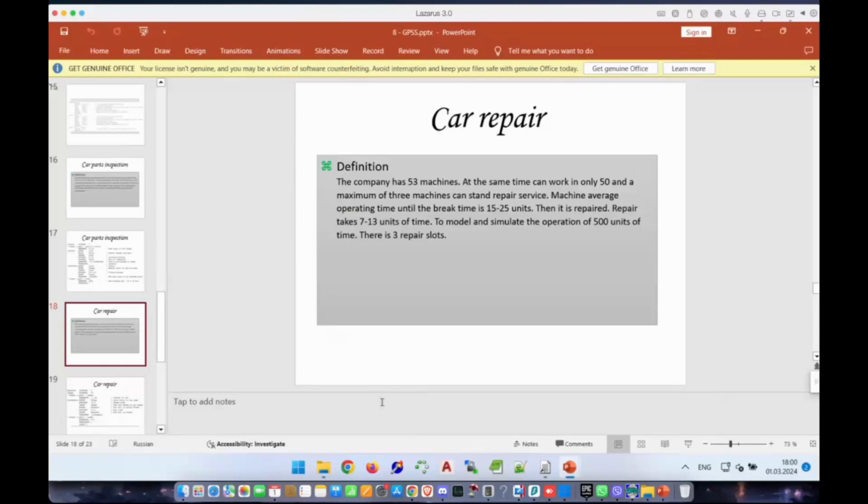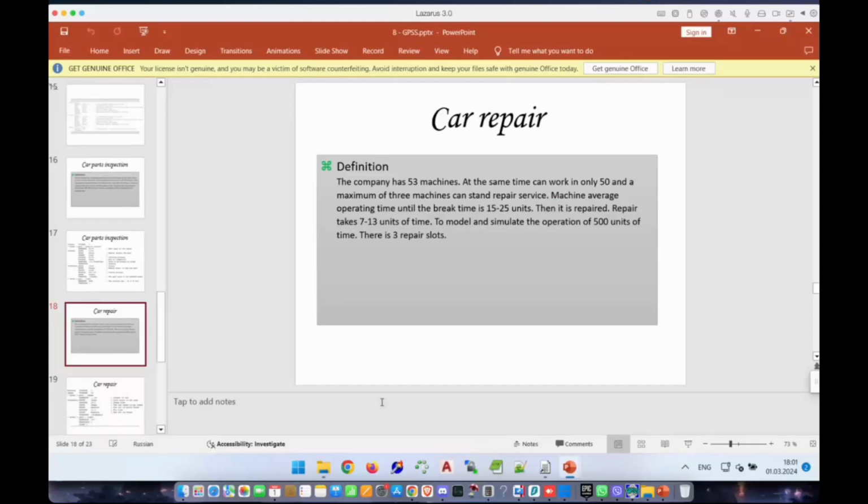Here we have another story, but again from life. And here we will be dealing with a generate block a bit differently. So we have 53 machines in the factory producing something.